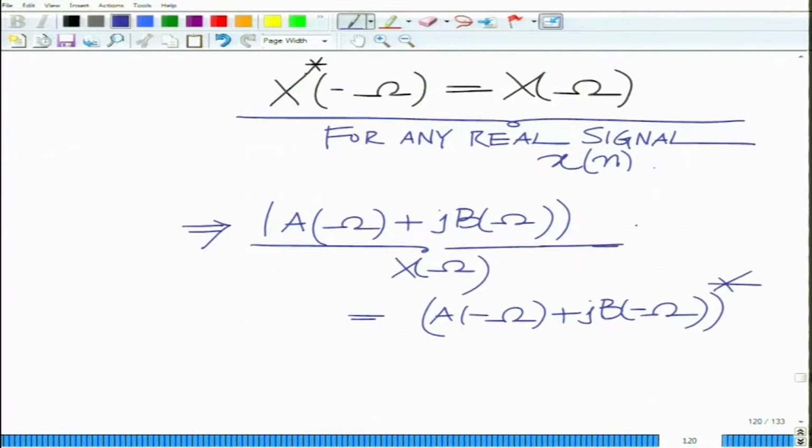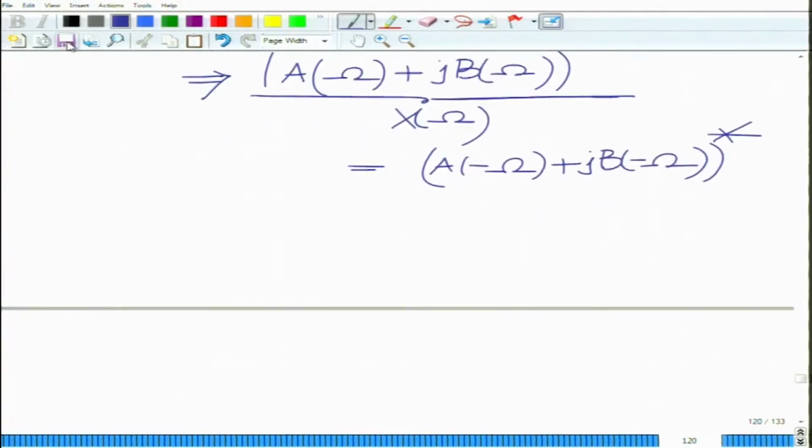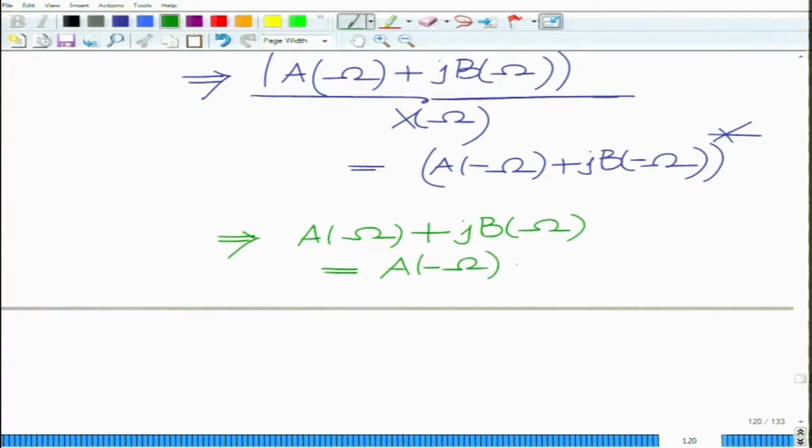This must be equal to A(minus omega) minus j B(minus omega), and this implies A(omega) plus j B(omega) equals A(minus omega) minus j B(minus omega).